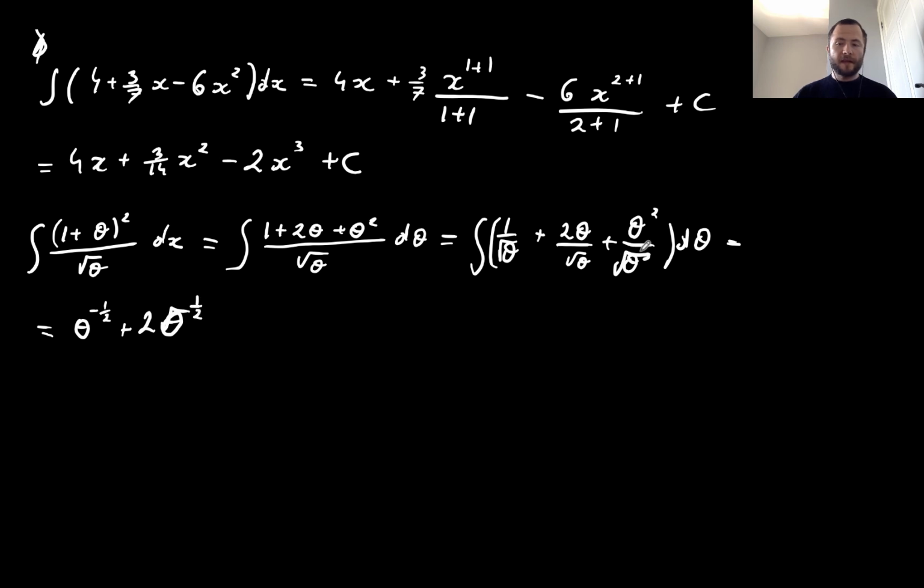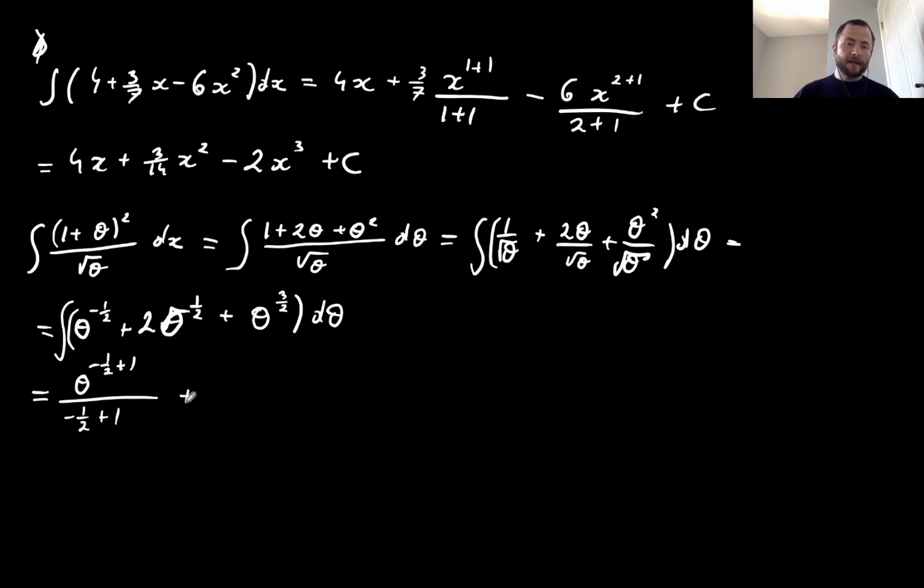And then finally theta squared over root theta is theta to the power of 2 minus a half, and whenever we divide we can subtract the exponents, so that will turn into plus theta to the power of 3 over 2. All that integral of this expression and d theta in the end. So now I can do the integral, and again above the line I'm going to have theta to the minus a half plus 1 over minus a half plus 1.